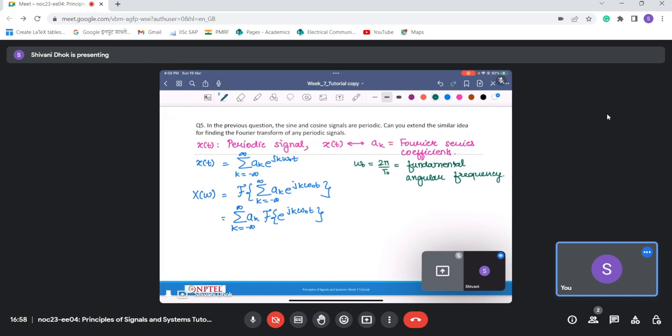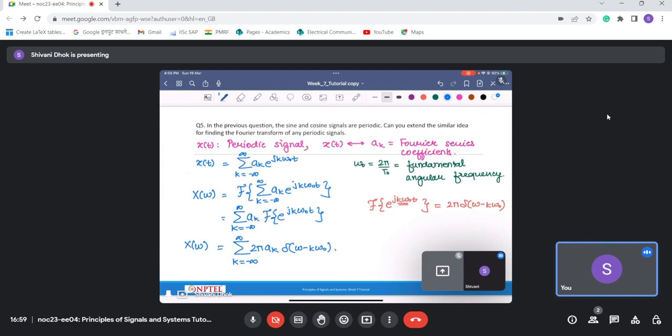So the Fourier transform of e power j k omega naught t is equal to 2 pi delta omega minus this shift, that is k times omega naught, and therefore this X of omega can be written as summation k running from minus infinity to infinity 2 pi a_k into delta omega minus k times omega naught.